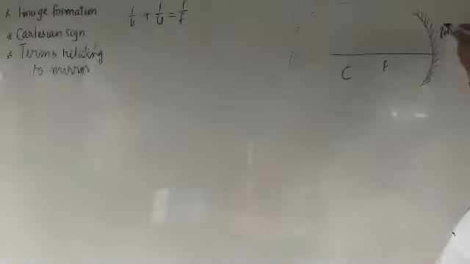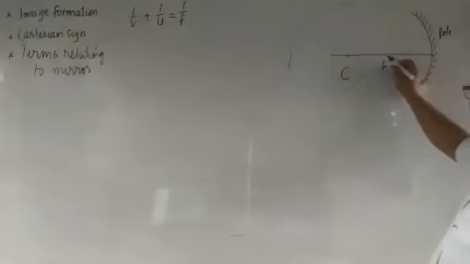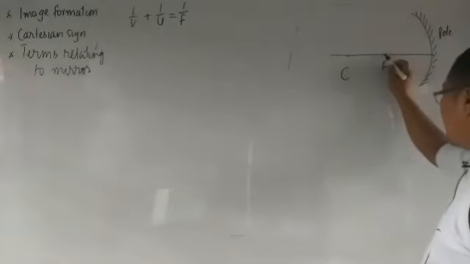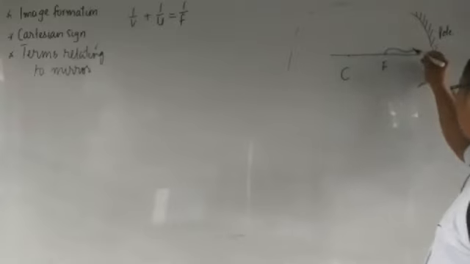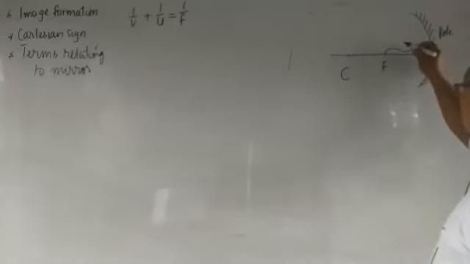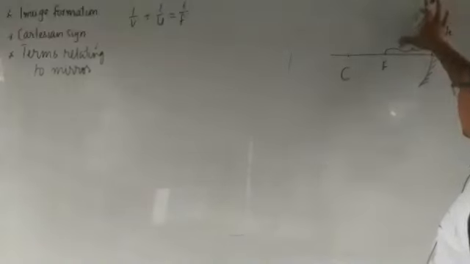Since the focus is right in the middle, the length between the focus and the pole is called the focal length. It is represented by the small letter f.